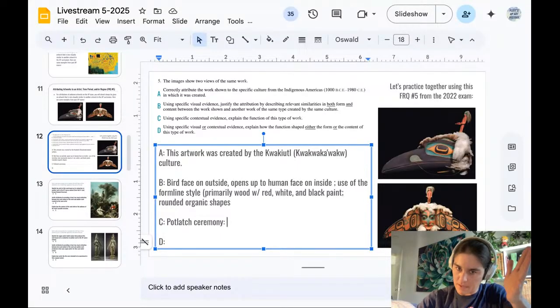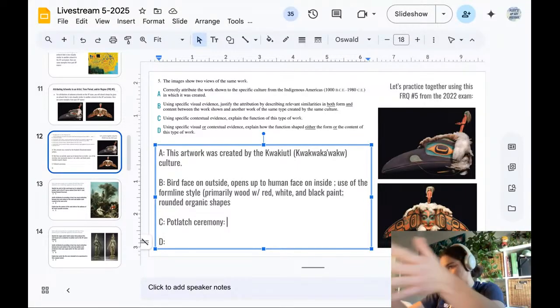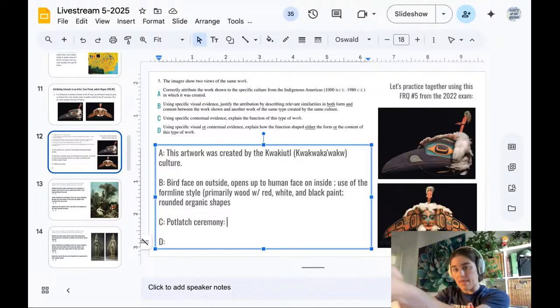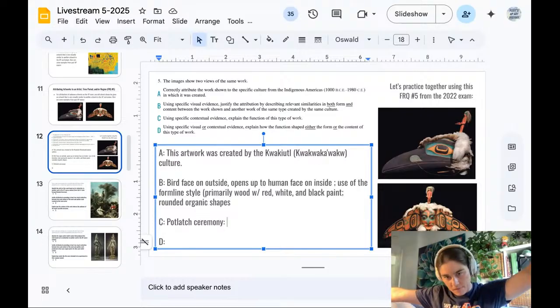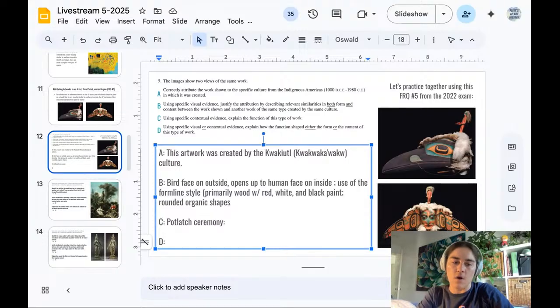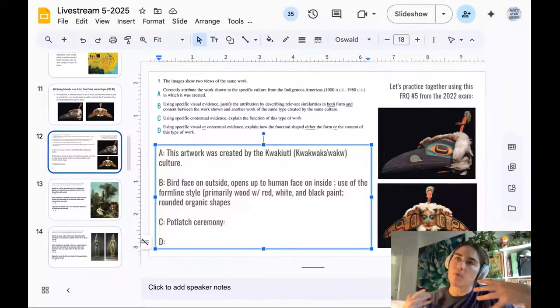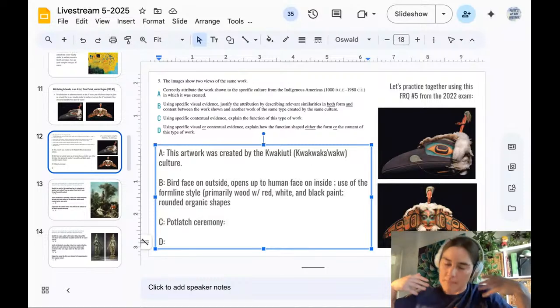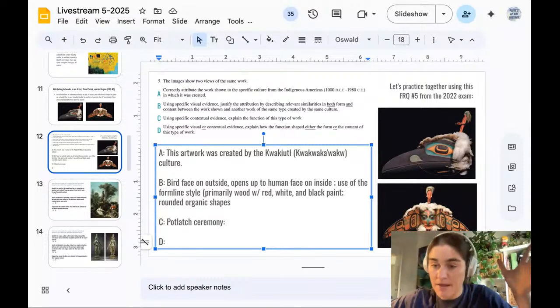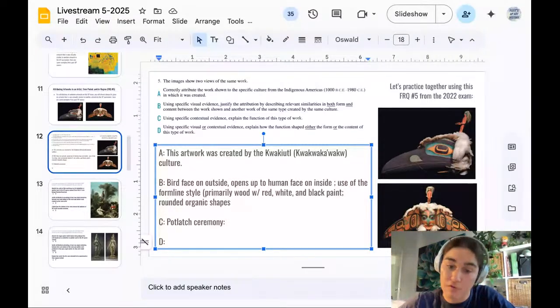The two halves of the mask are closed, and you'll notice there are little strings attached to either side of the mask. The dancer will pull on the strings and open up the mask to reveal the human face inside. So during these ceremonies, the wealthy members of this culture would basically pay for everybody's food and then also give their stuff away.